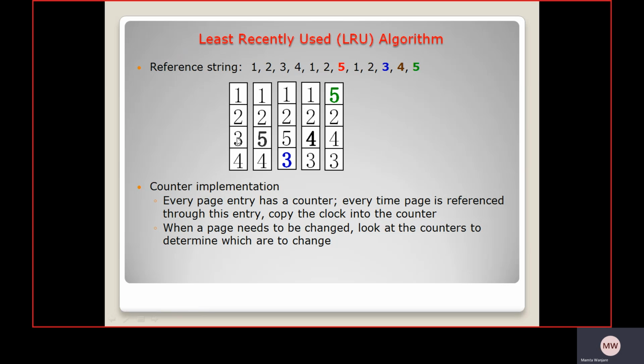Then 1 is already present, so 1 is a page hit, and 2 is already present, so 2 is a page hit. When you put 5, you check in the backward direction. 1 and 2 are there, so replace the fourth one, and instead of 4 you put 5. For the next page, going backward, 3 is there, so replace the third one and put the fifth one there. Like that, whenever the LRU technique is used, you always check in the backward direction.